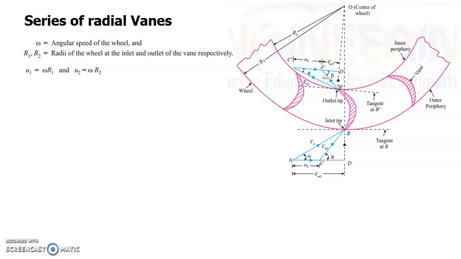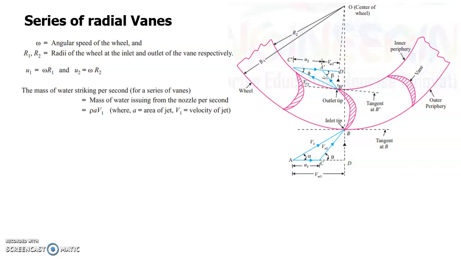So U1 can be calculated as omega into R1 and U2 equals omega into R2, where omega, as already stated, is the angular speed. R1 and R2 are radii of the wheel, where R1 is more than R2. Obviously, U1 will be more than U2.